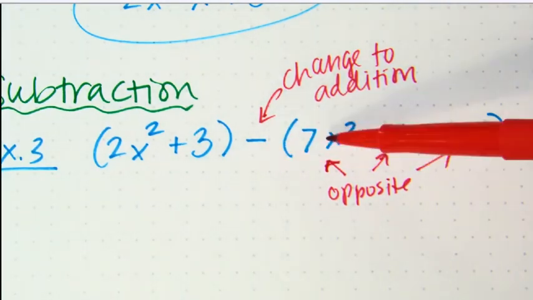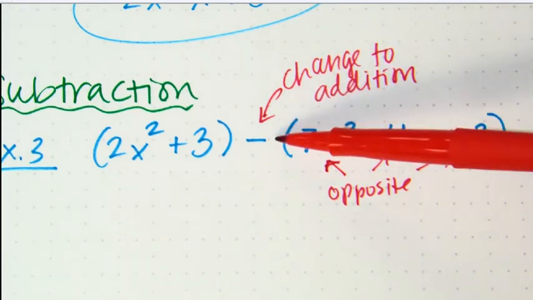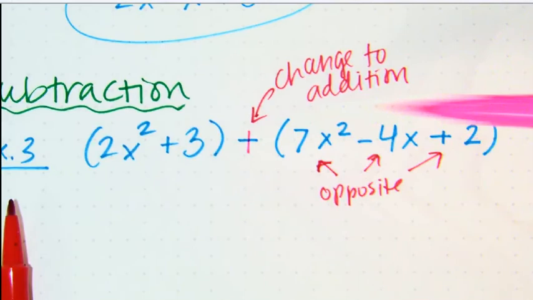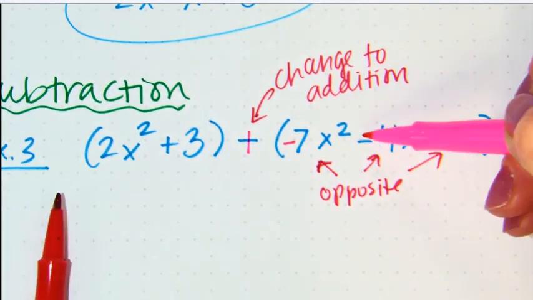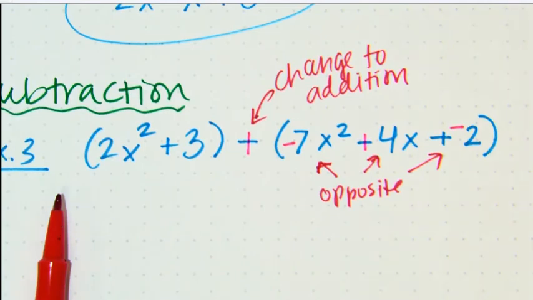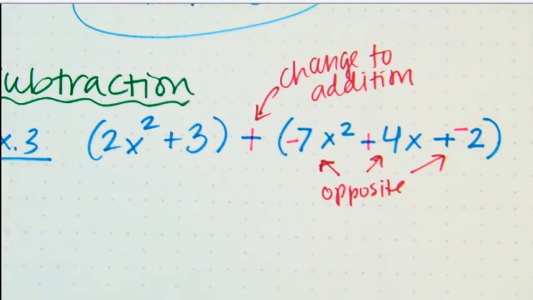Instead of just one thing getting changed, it's everything inside. You can imagine it being a -1 distributing. So what we get is addition, -7x squared plus 4x, -2. Now you have an addition problem. Now do either horizontal or vertical and add up all of your like terms and come up with your final standard form expression. So now it's your turn.